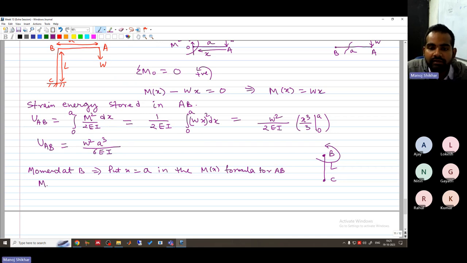So M at B is W into A in the counterclockwise direction.